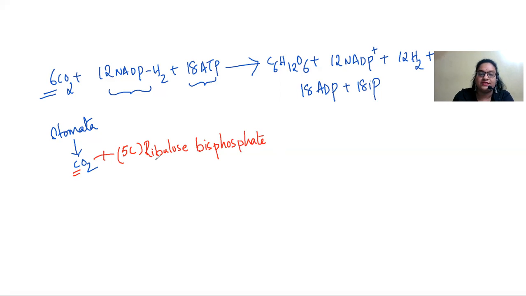Ribulose bisphosphate is a ready-made sugar already present inside the stroma of the chloroplast. So once the carbon dioxide enters the plant, it diffuses and enters this particular stroma.